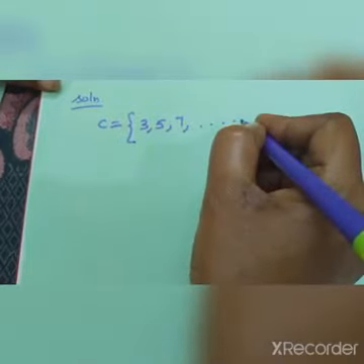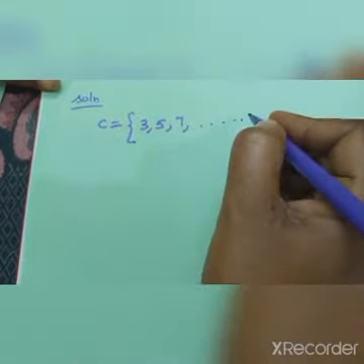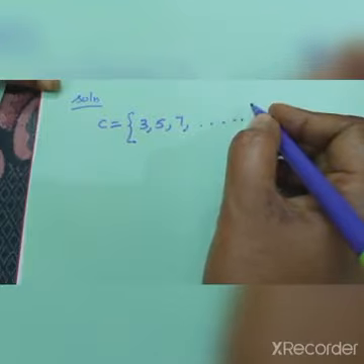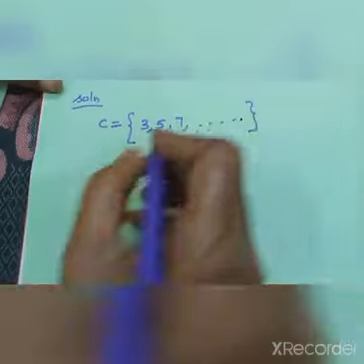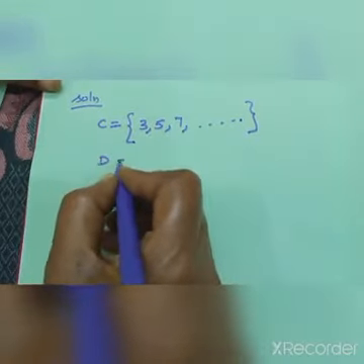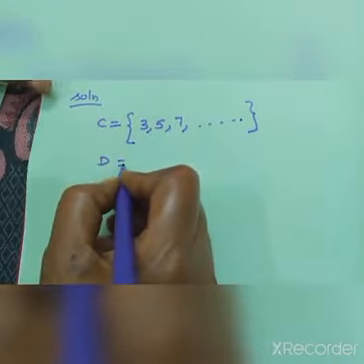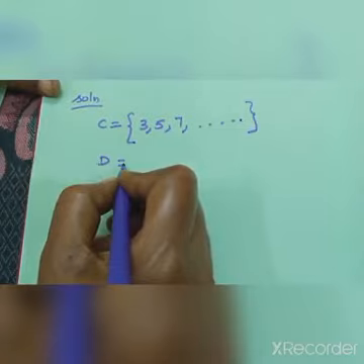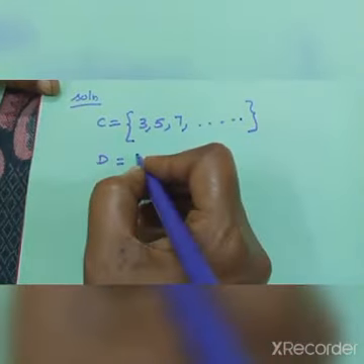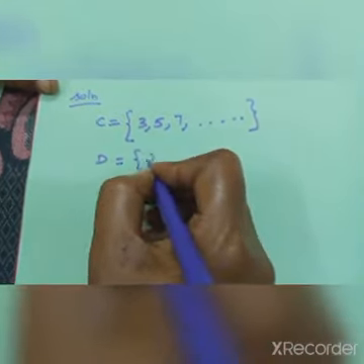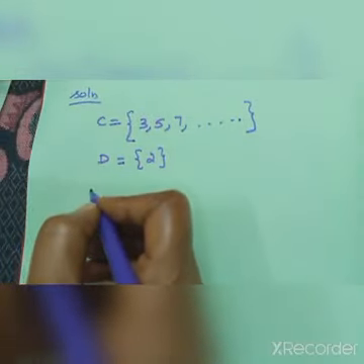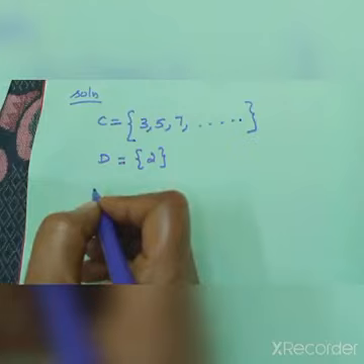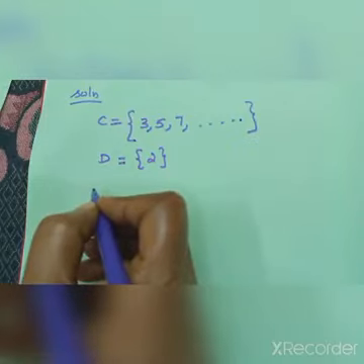It was mentioned x greater than 2. All the prime numbers can be written, so the etc. symbol we have to use. Next, D is equal to even prime number. So what are the even prime numbers? There is only one even prime number, that is 2. 2 alone. Okay. Now we have to find out whether it is joint or disjoint, meaning disjoint or overlapping.